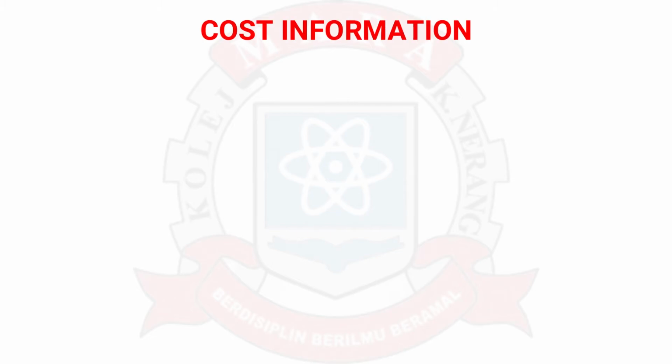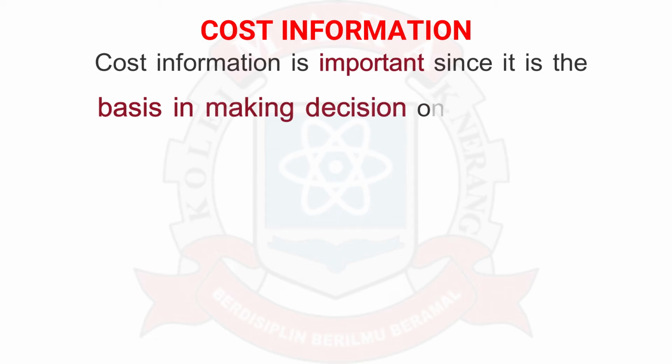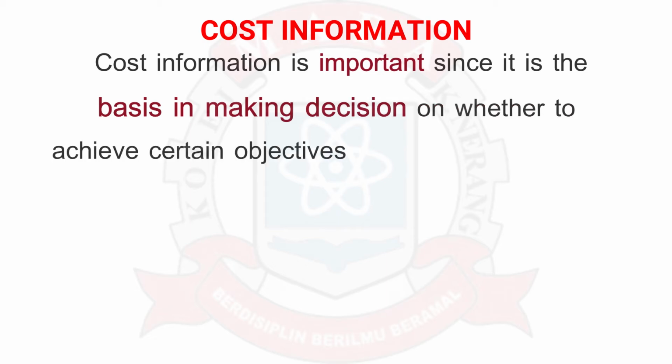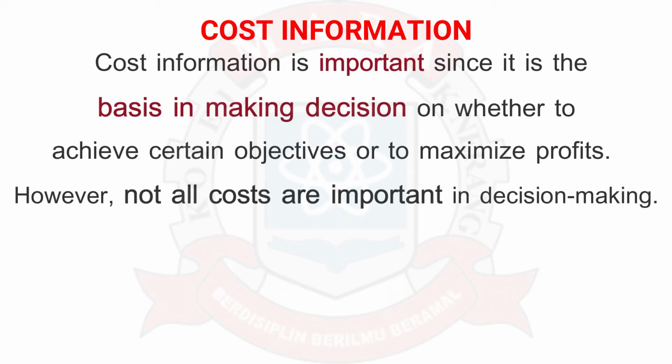Alright, first of all, let's take a look at the meaning of cost information. Cost information is important since it is the basis in making decisions on whether to achieve certain objectives or to maximize profits. However, not all costs are important in decision making.